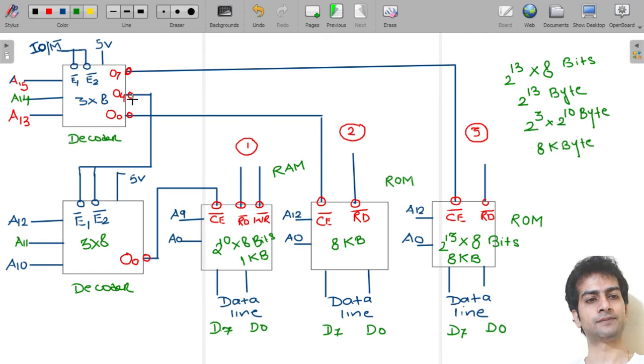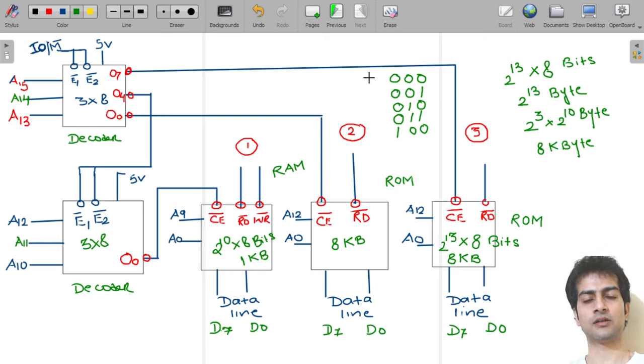And one output is coming to this decoder, so this decoder will get enabled when its output is O4. So I write it like this: 000, 001, 010, 011, 100.